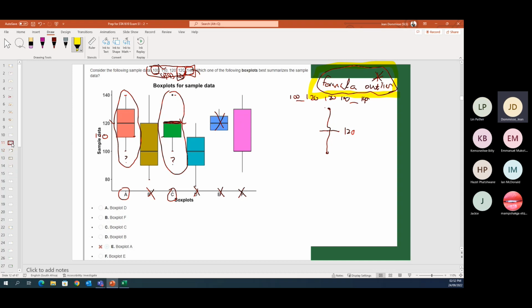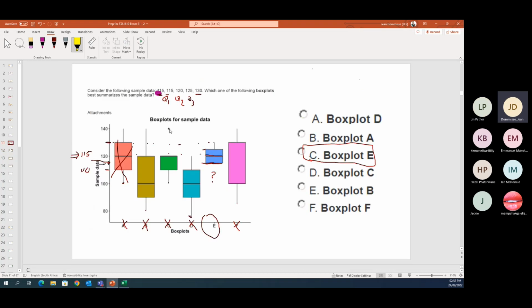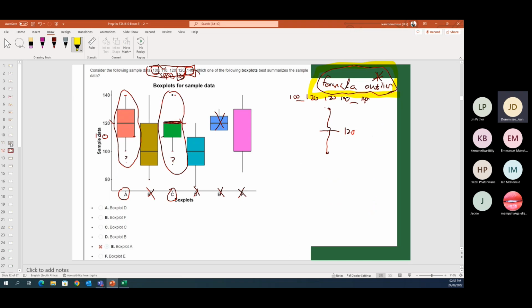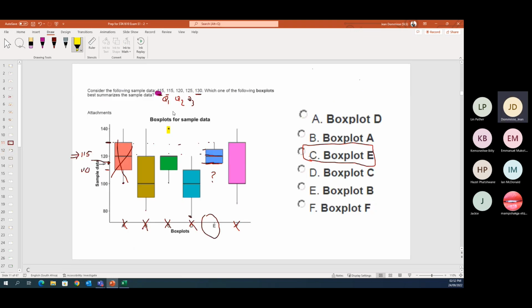Let's quickly see in this one. So that would have also been indicating an outlier, that one that was also 140. This looks very similar actually, so all they probably changed is the data. I think it happened in your assignments as well, and it will be what's happening in your exam.